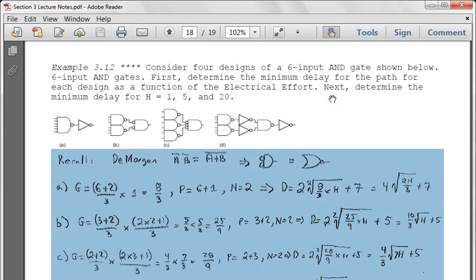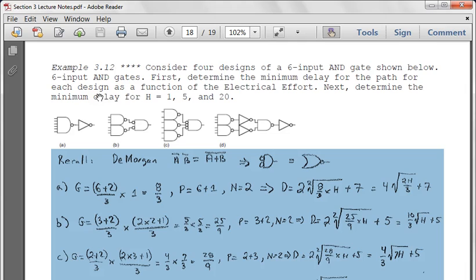Now, let me read the last portion of the problem. First, determine the minimum delay for the path for each design as a function of the electrical effort. Next, determine the minimum delay for H equals 1, 5, and 20. This means we're driving a number of circuits, where we have a fan-out of 4, H equals 4.